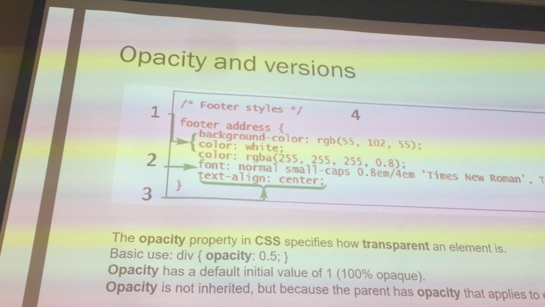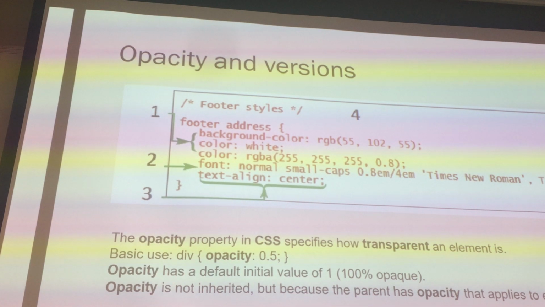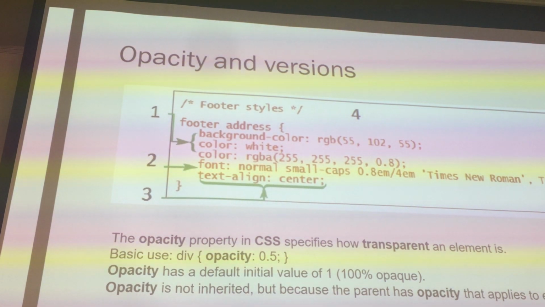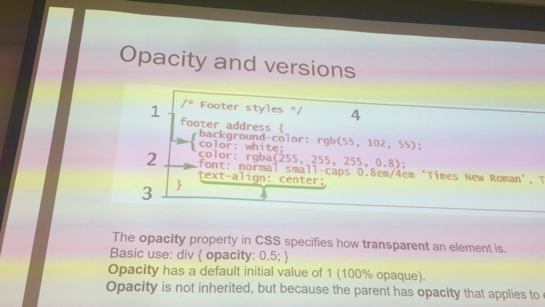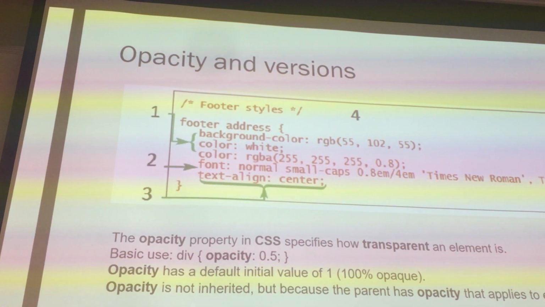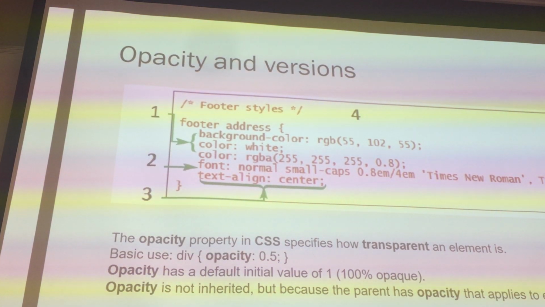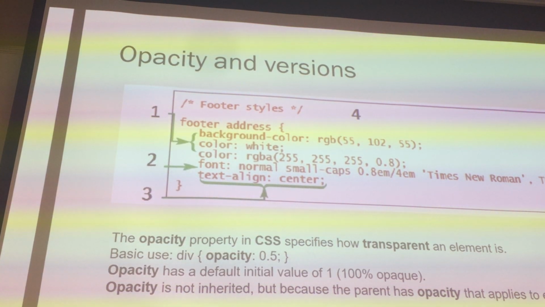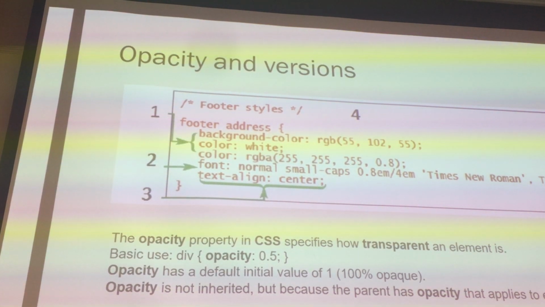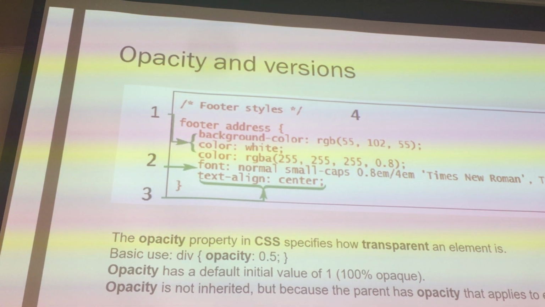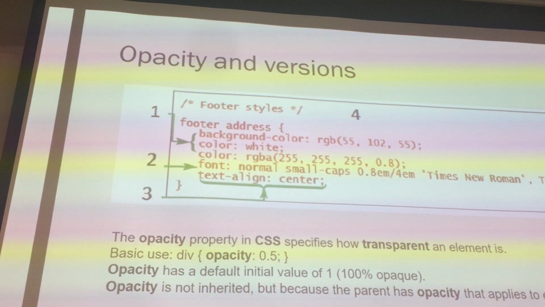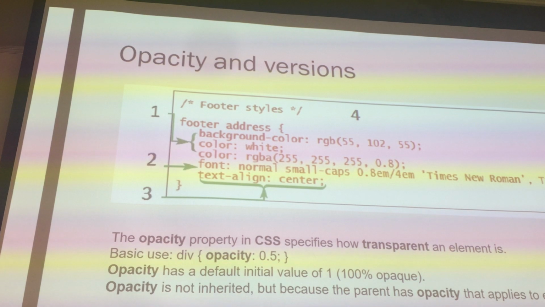For making those styles, you have to have that element like this. For example, footer, address, and then curly braces. In curly braces, you have your attribute and your values. All attributes and values are in the CSS file. Okay? And this is what I have explained in lecture 1 part 2.